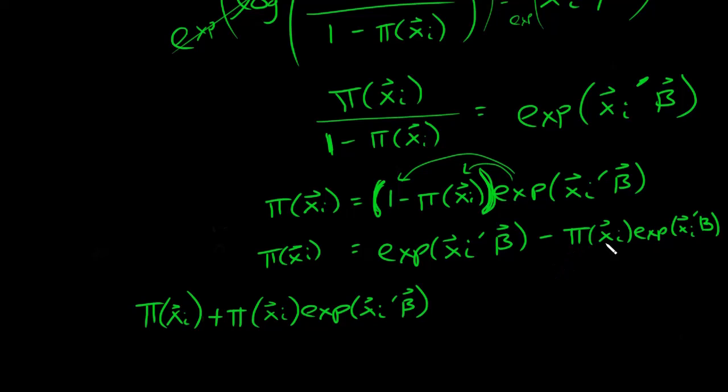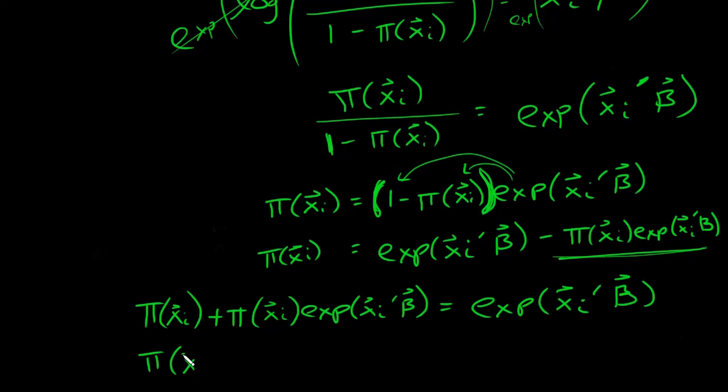I'm basically adding this term to both sides of the equation. Now let's pull pi of xi out. So I end up with pi of xi times 1 plus e to the power of xi transpose times beta.